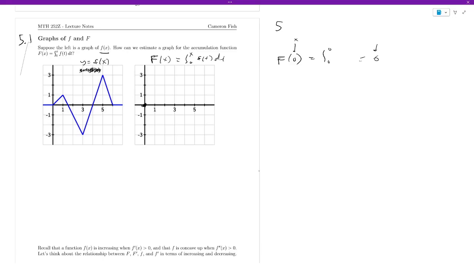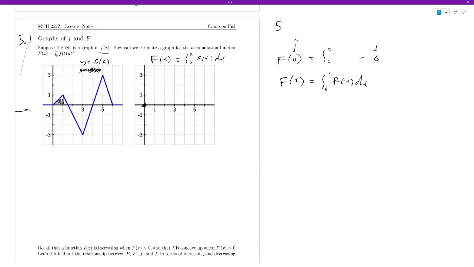Let's just try a few other points. Let's try big F of 1. That's integrating my other function from 0 to 1. Well, what does that mean? I have to go over to this graph. That's little f. I have to integrate it from 0 to 1. So that means look here, the area from 0 to 1.